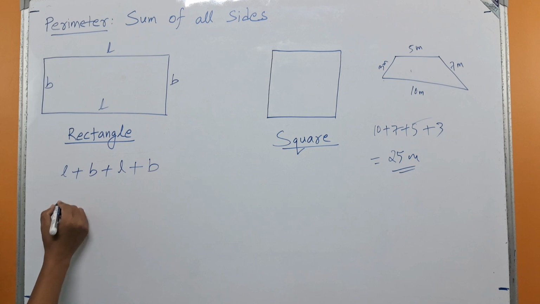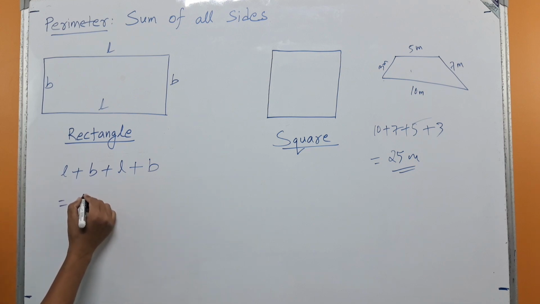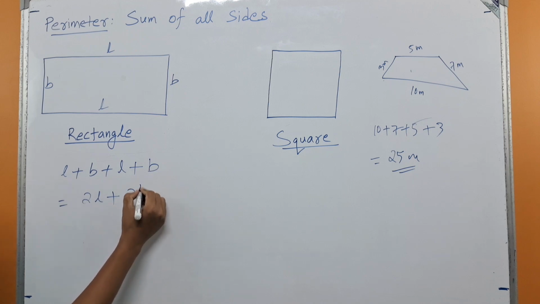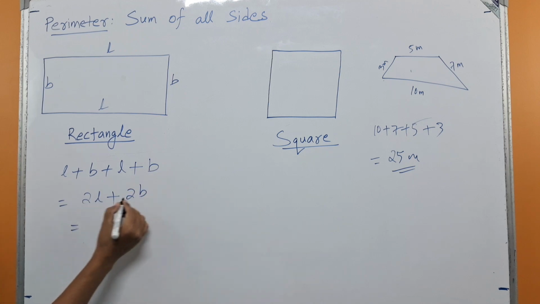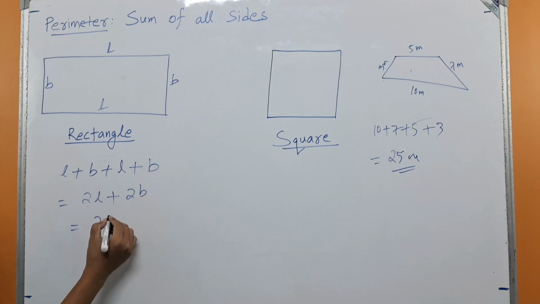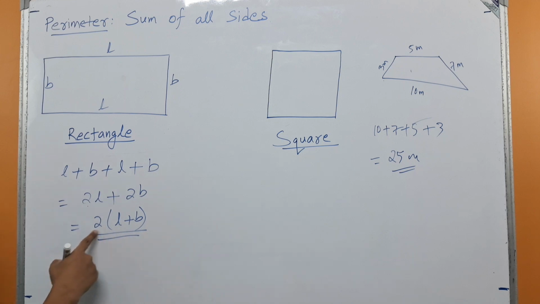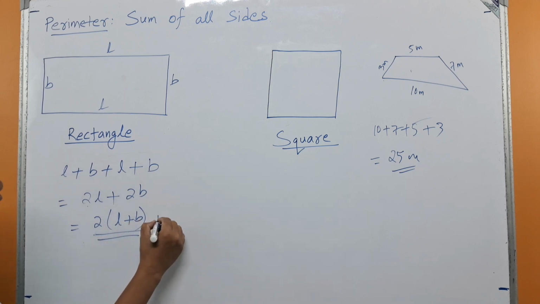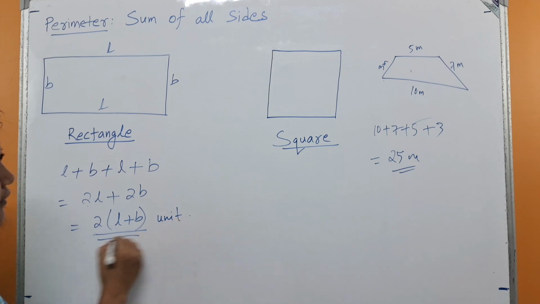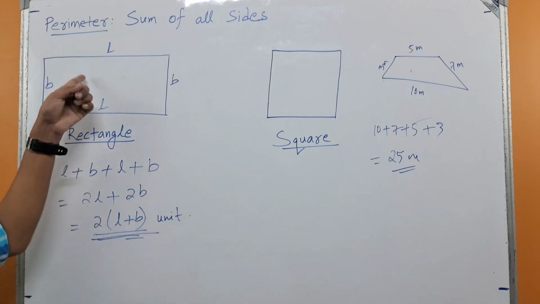So L plus L will give us 2L. B plus B will give us 2B. So we take 2 common from these two terms. L plus B remains within the bracket. So 2 into length plus breadth unit. This is the formula for perimeter of a rectangle.